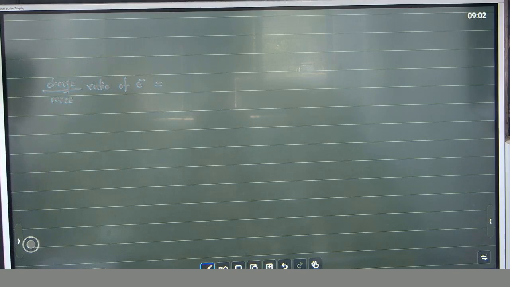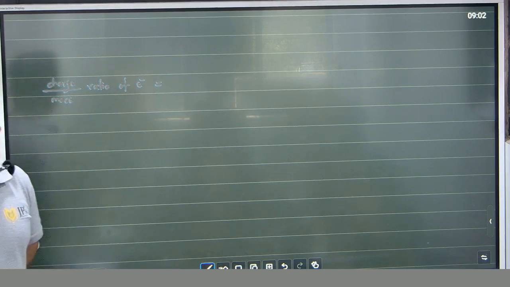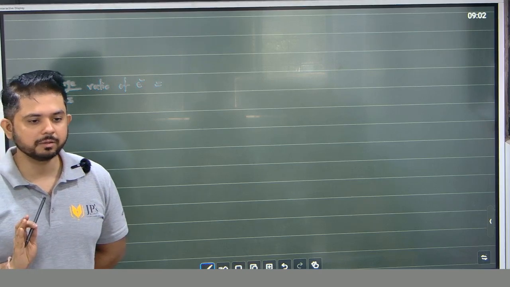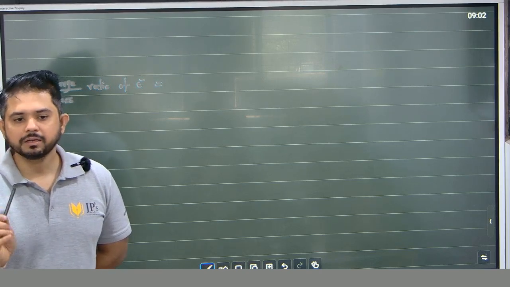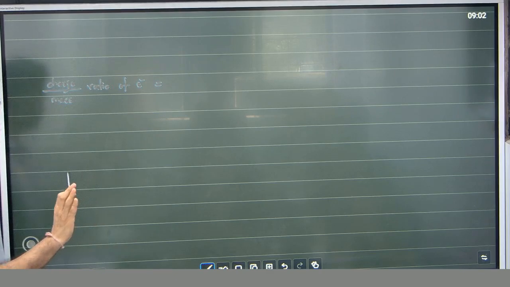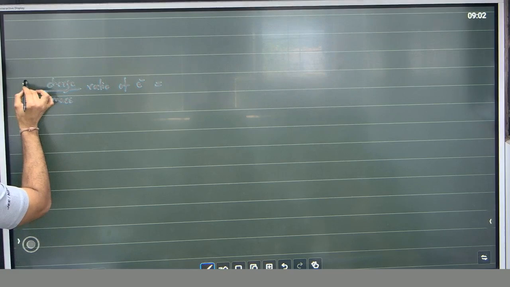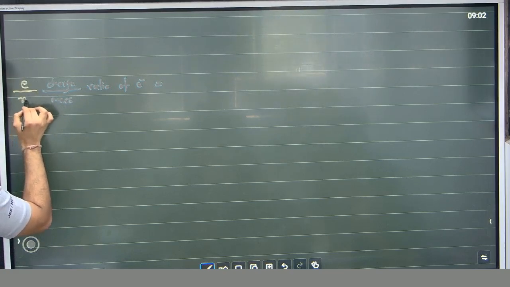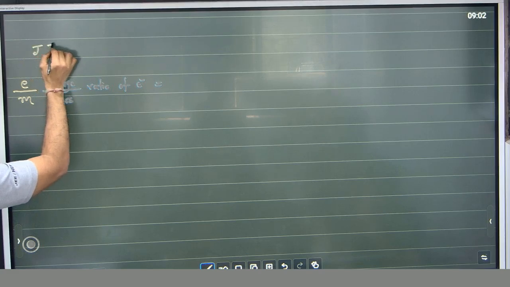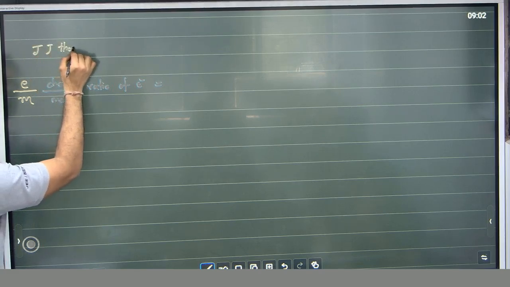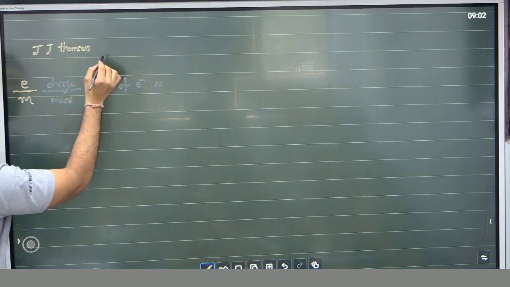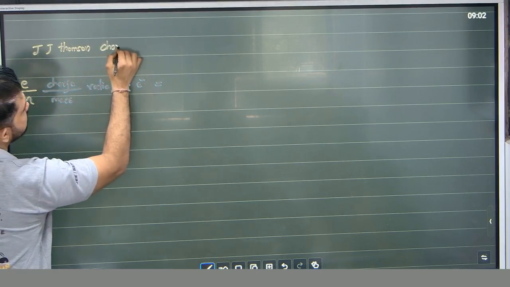Now, to calculate charge to mass ratio, a similar experimental setup was there, but this experimental setup will not be asked in any exam. However, if you want to really understand where this value came from, the charge of the electron to the mass of the electron, how did Thomson calculate the charge to mass ratio?